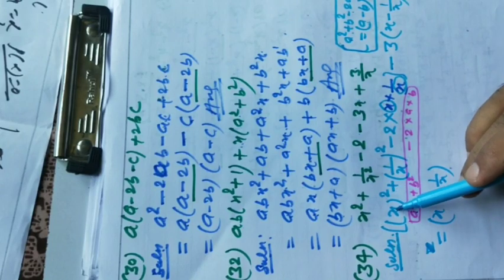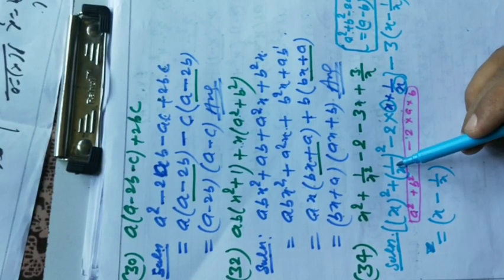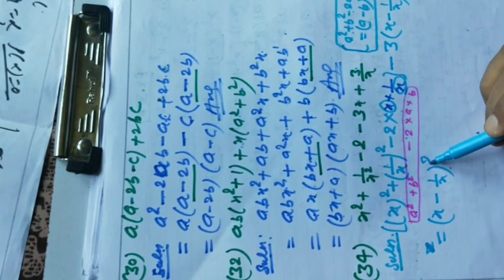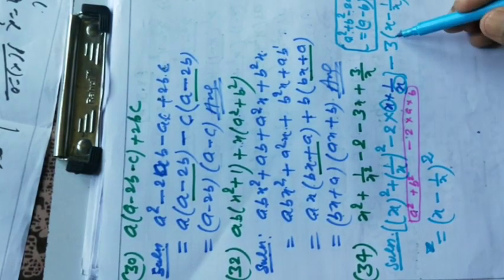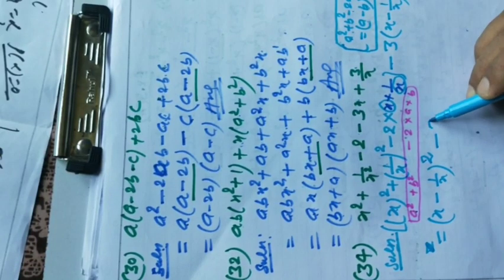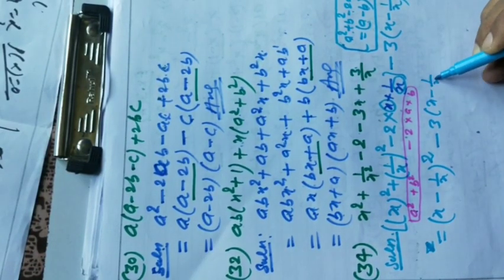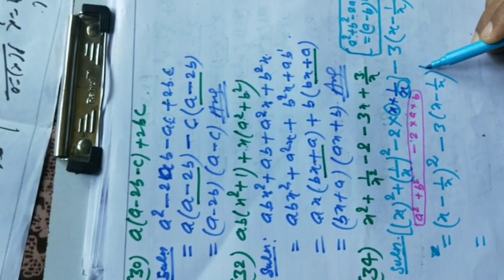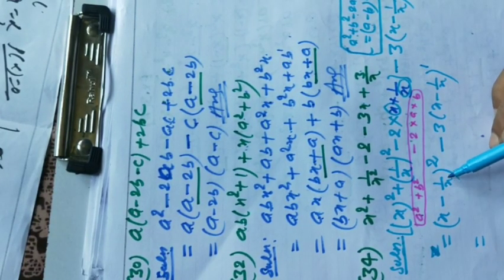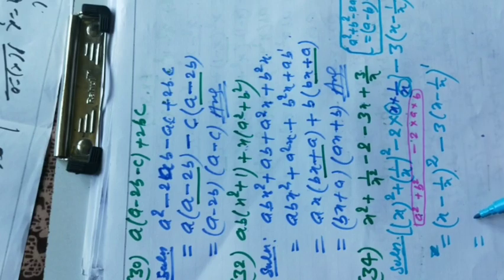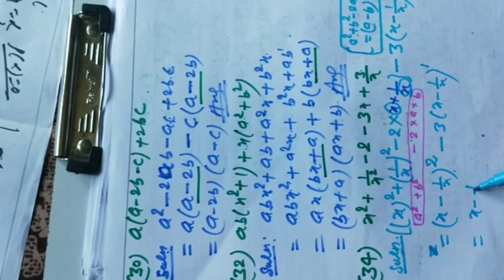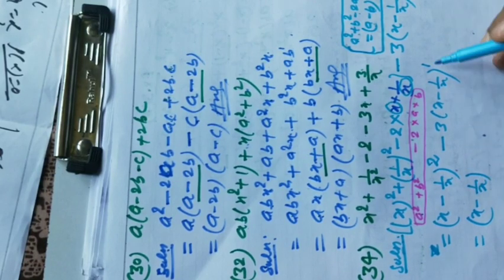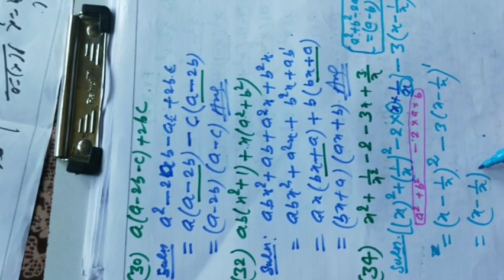That is, at the place of a there is x, and at the place of b there is 1 by x, and the whole square will be there, and then we have 3 times x minus 1 by x. Now x minus 1 by x power 1 is here, and x minus 1 by x power 2 is here, so the lowest power will be common. X minus 1 by x power 1, that is x minus 1 by x, will be common.